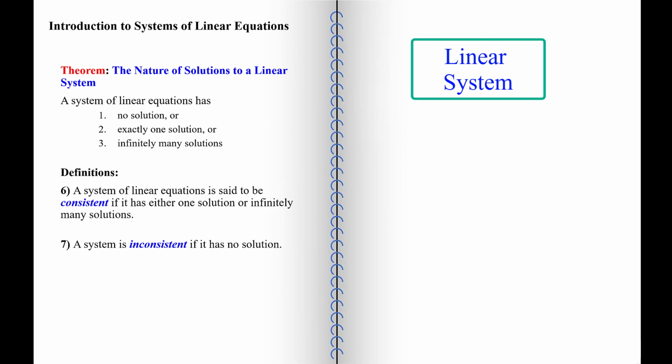In our theorem on the nature of solutions to a linear system, we see that there are really only three cases illustrated by the theorem. So let's look at it in a tree diagram. We know that for any linear system, you have only two conditions. The first condition is binary, namely, the system is either inconsistent or consistent.